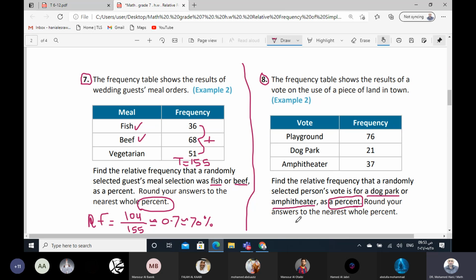Thank you, Hamad. I want all of you to read the question again, then try to find the relative frequency. Then tell me what your answer is, please. You have 3 minutes. Start, please.